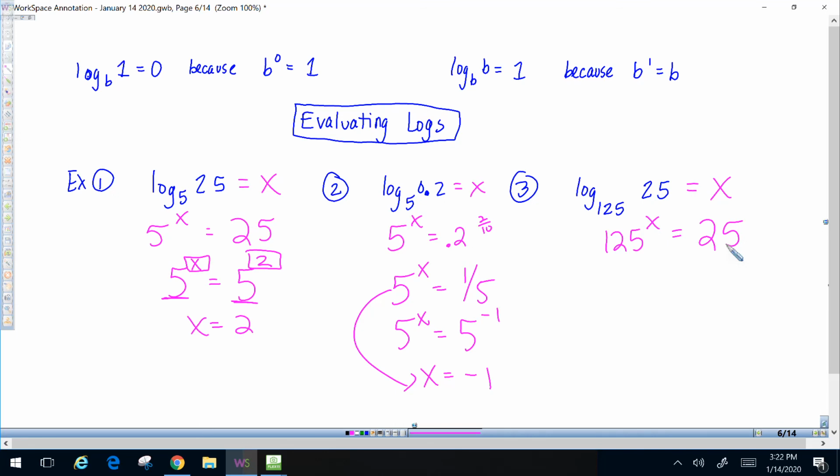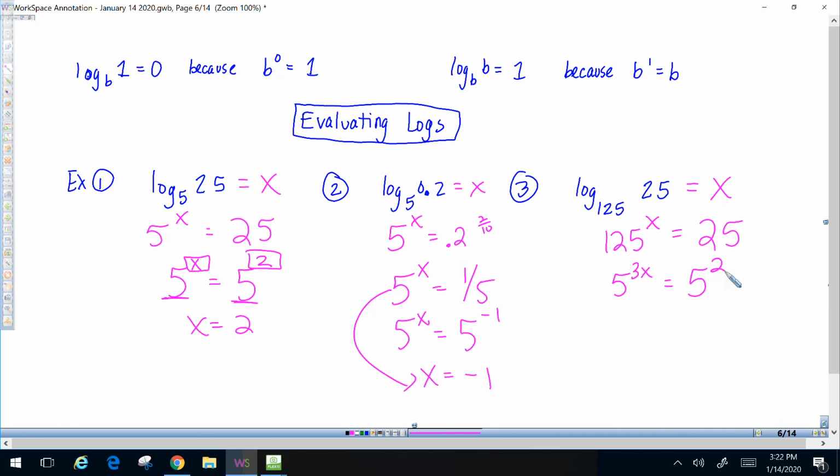Now, when you see 25 and 125, do you recognize that both of those are a power of 5? Yes. 125 is 5 to what power? And 25 is 5 to what power? Squared.